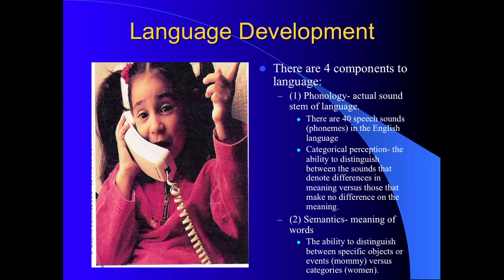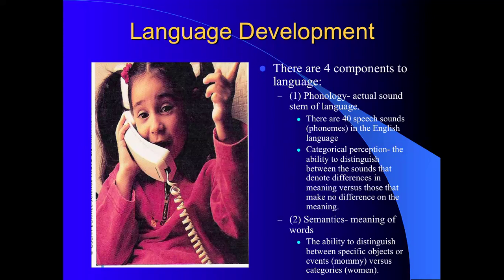Now, we also need to understand conceptually semantics is the ability to distinguish between words or understand the meaning of words, right? So obviously, our first words are the initial word bank, but as we get into a larger word bank, we have to be able to distinguish between events versus categories.